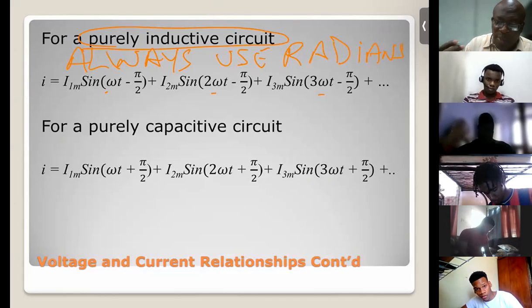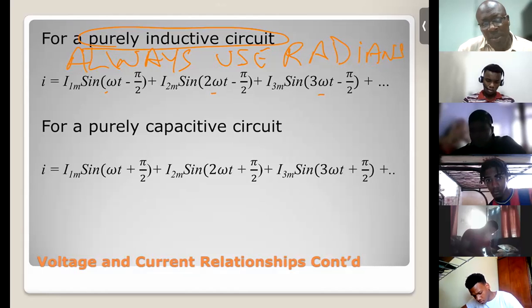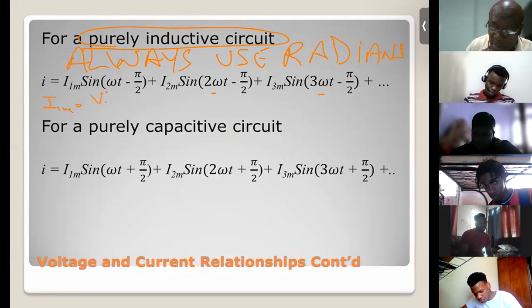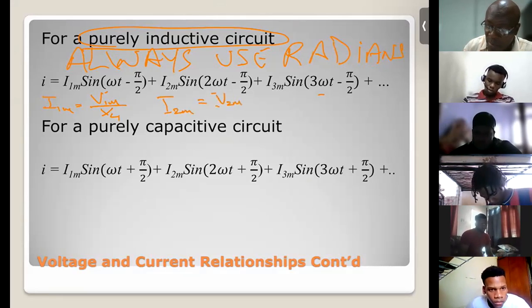All right. Whilst we had V1M over R, V2M over R, V3M over R, for the inductor, I1M is going to be equal to V1M over XL1. I2M is going to be equal to V2M over XL2.